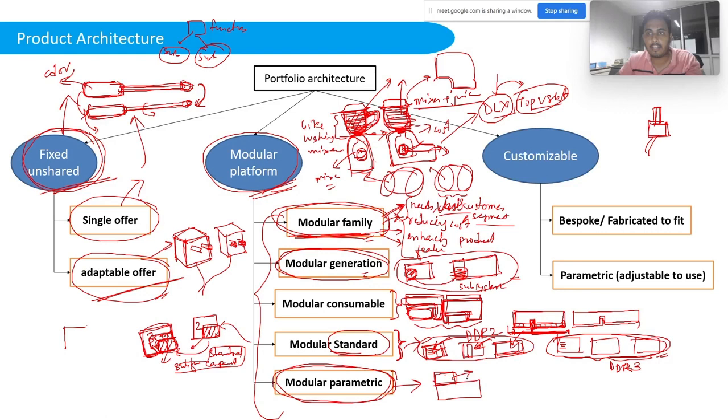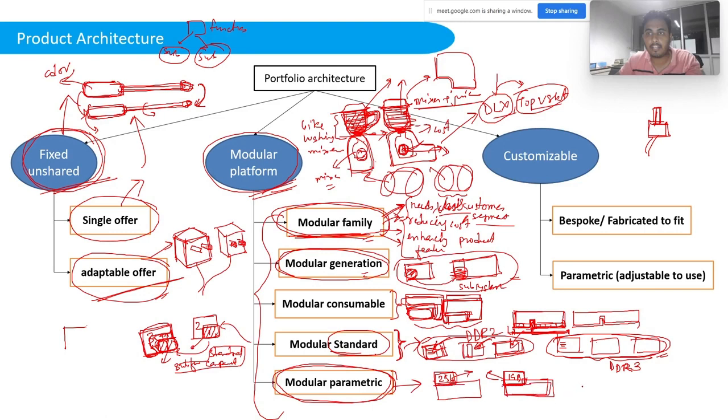So the user can choose some parameter in that modular unit. RAM again can be an example. You have provided a slot, and you can choose either 256 MB or 1 GB. It is up to you. So your design is basically modular parametric. This is standard also, and parametric also.